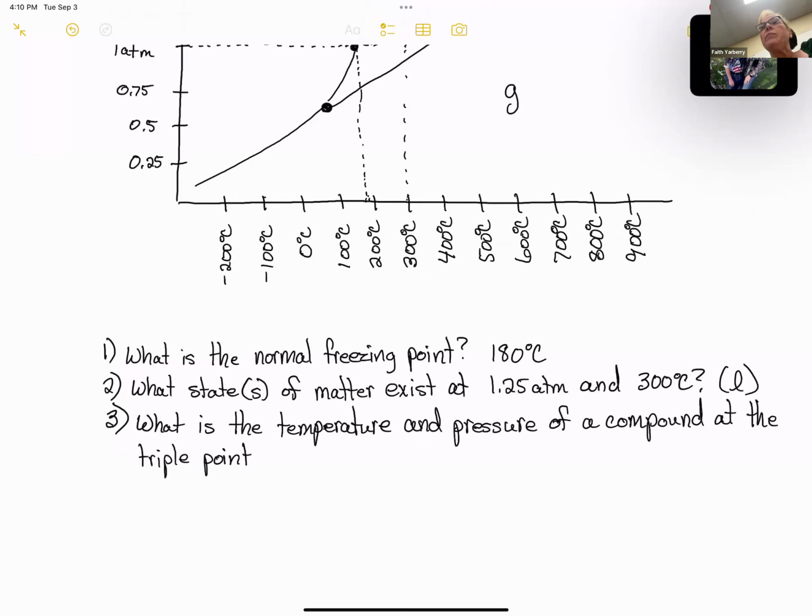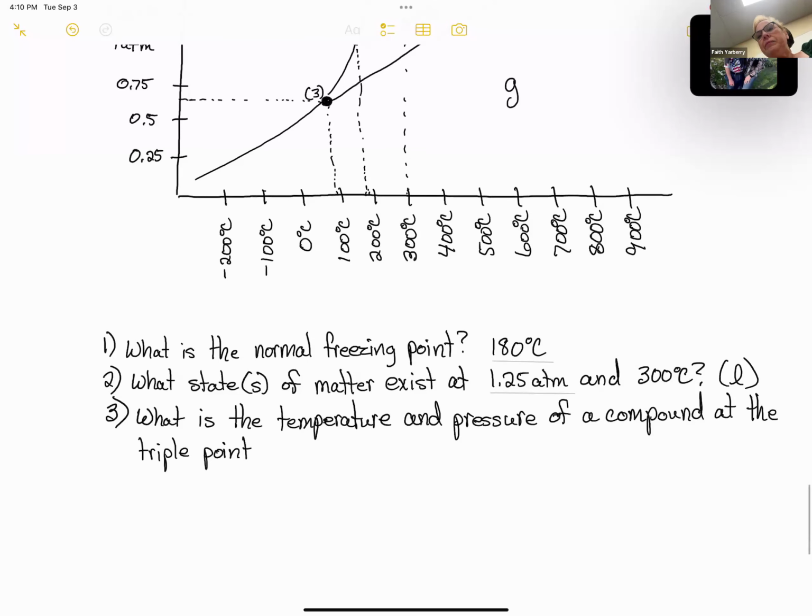Well, this is the triple point, so you have to estimate what that is. And it's roughly 0.65 atmospheres and 100 degrees Celsius.